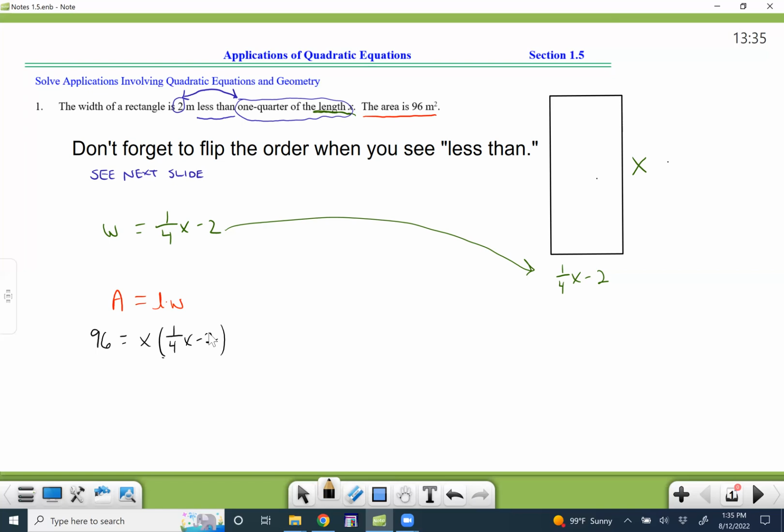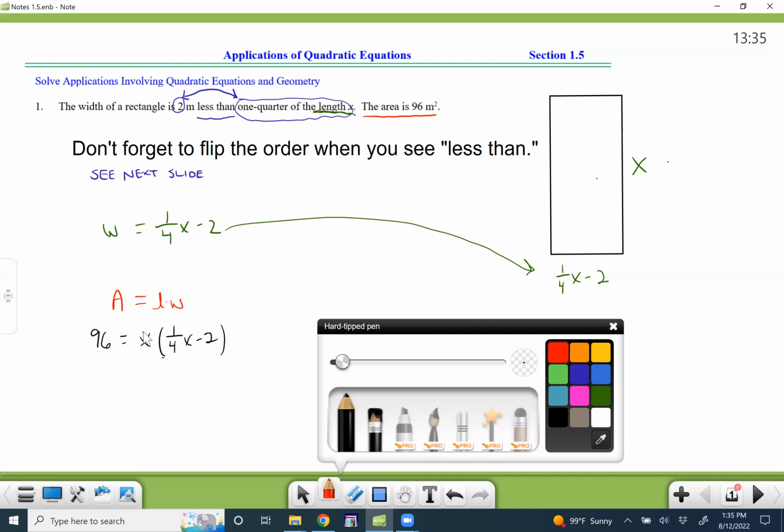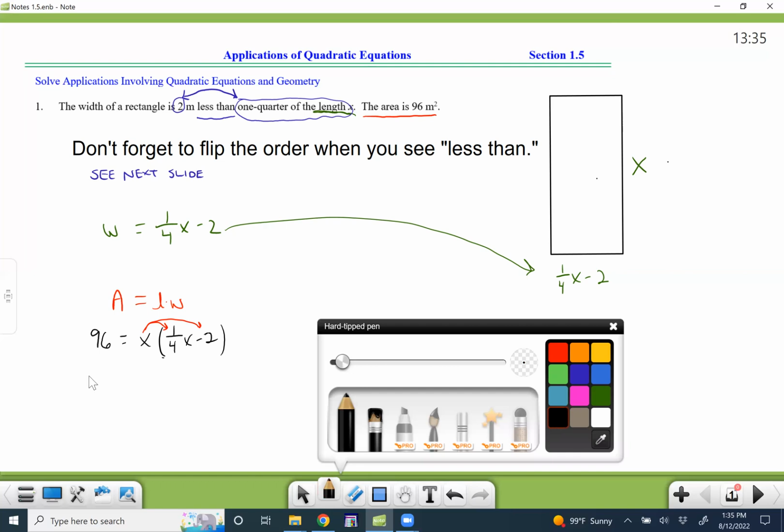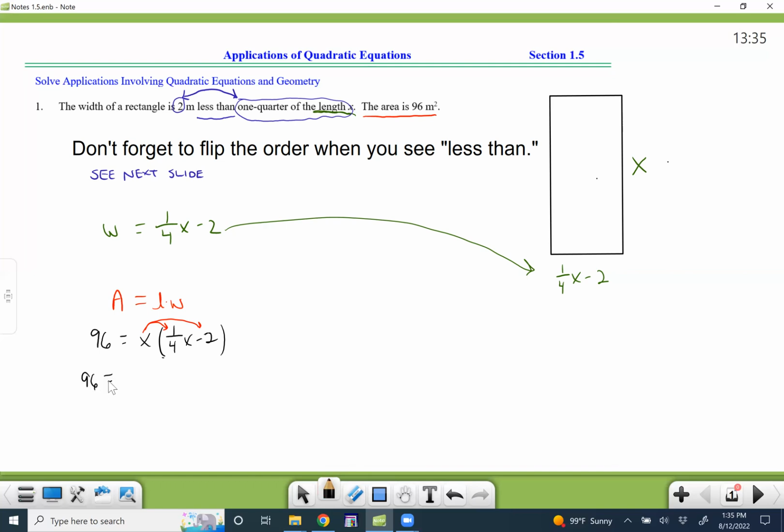Okay. All right. So now all we need to do is solve this, okay? So we're going to go ahead and distribute that x into the parentheses. That's going to get us 96 equals 1/4 x times x, which will get us x squared, and then we have x times 2, so 2x.